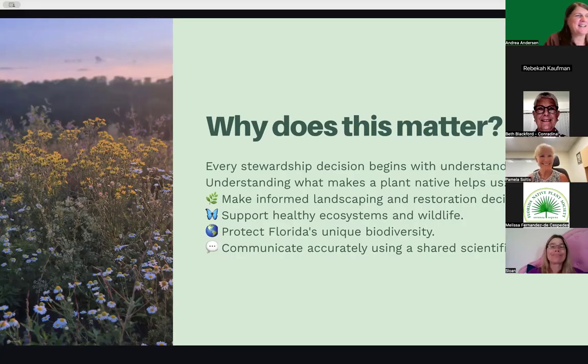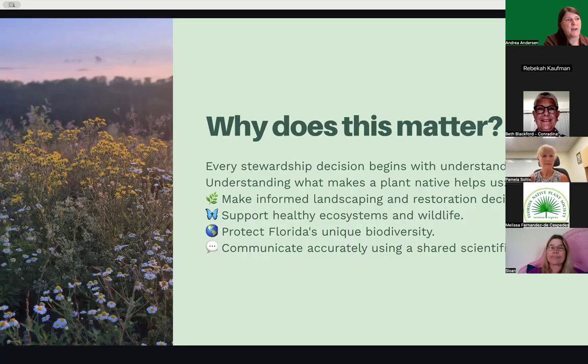Dr. Soltis is a distinguished professor and curator at the Florida Museum of Natural History at the University of Florida and serves as the director of the University of Florida Biodiversity Institute. Her research focuses on the patterns and processes of plant evolution, with particular emphasis on the evolutionary history of flowering plants and how their genomes have changed over time.